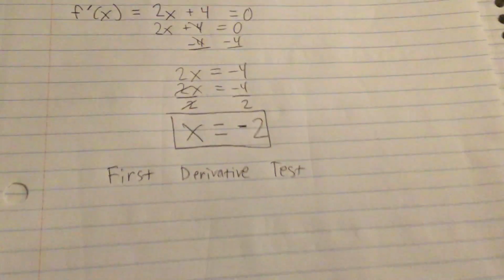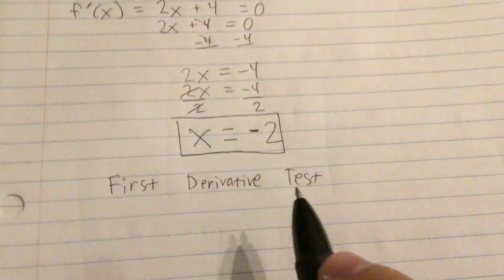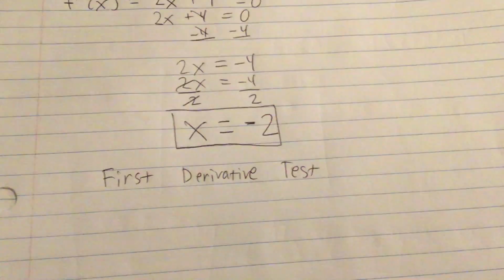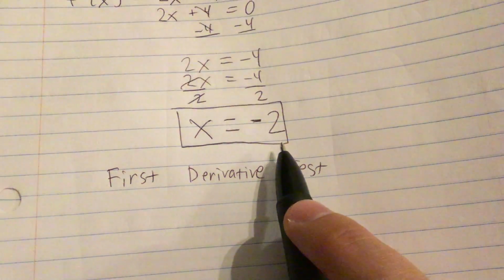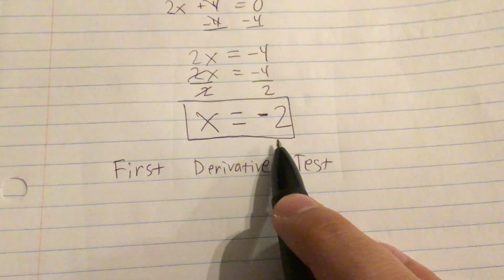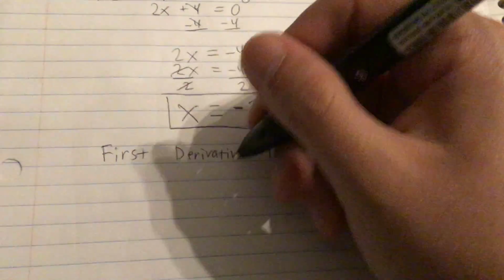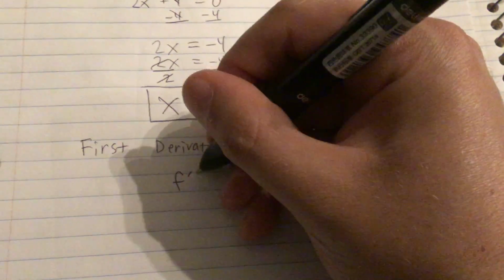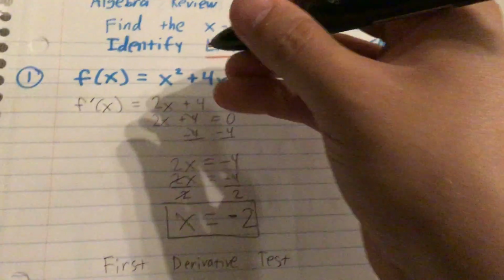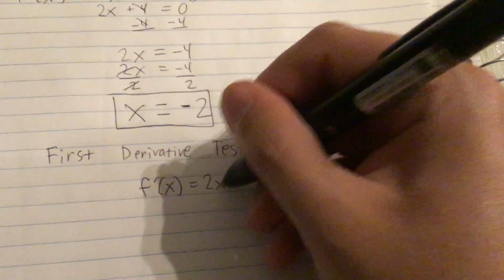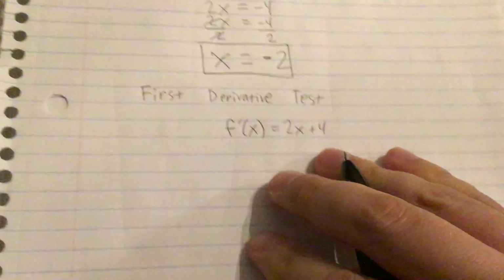Okay, so basically what you would do is I like to go 1 to the left and 1 to the right. So one value to the left of negative 2, basically what you would do is take the derivative, f prime of x is equal to 2x plus 4. And you would do f prime of negative 3.